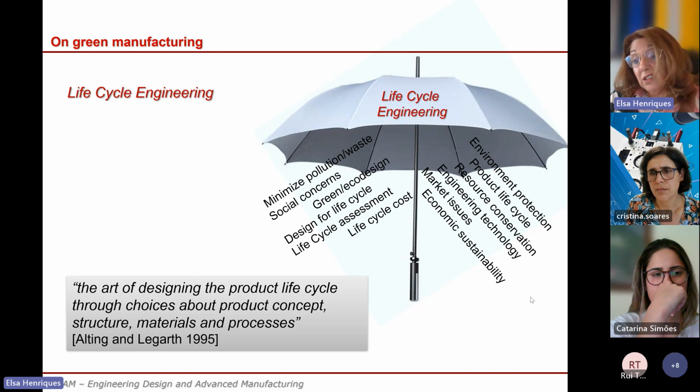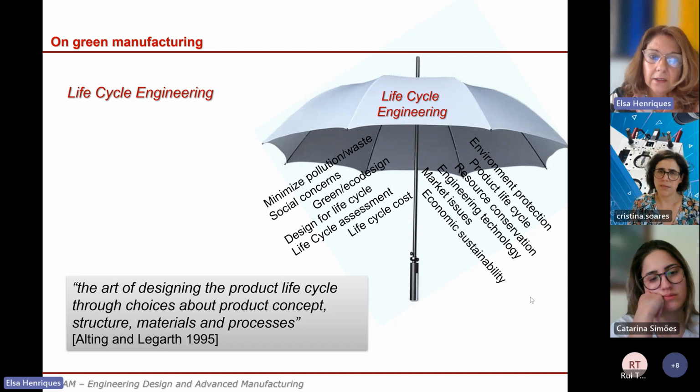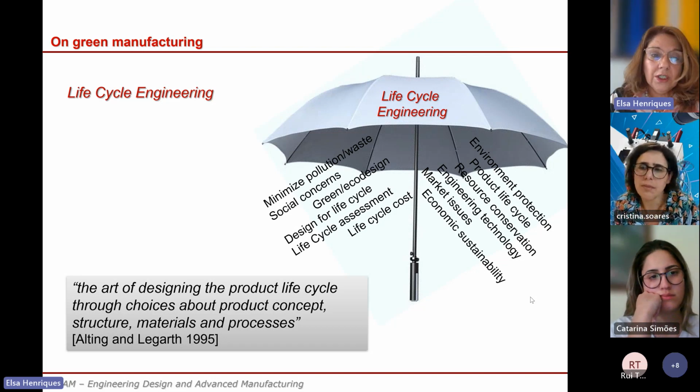And so what you can say is, okay, I can deal with efficiency, but I cannot redesign the product life cycle and consider that I want a product life cycle that must be designed for the environment, for the economics, and for social issues.